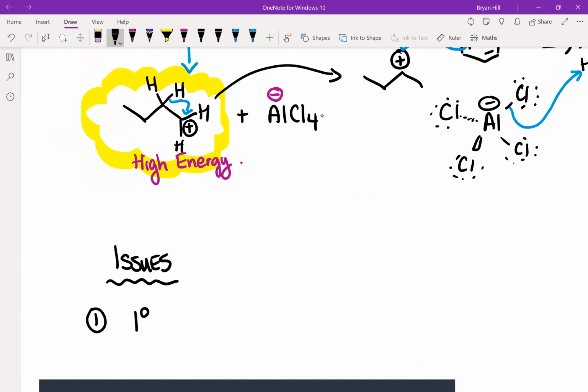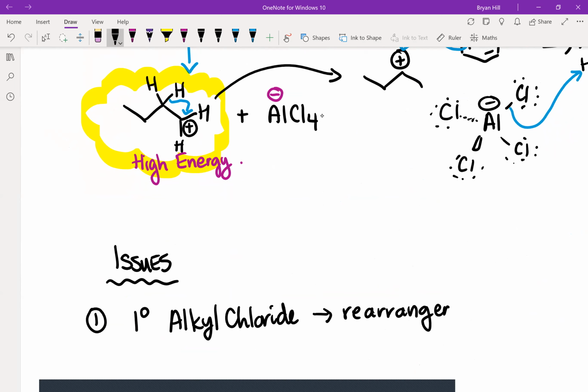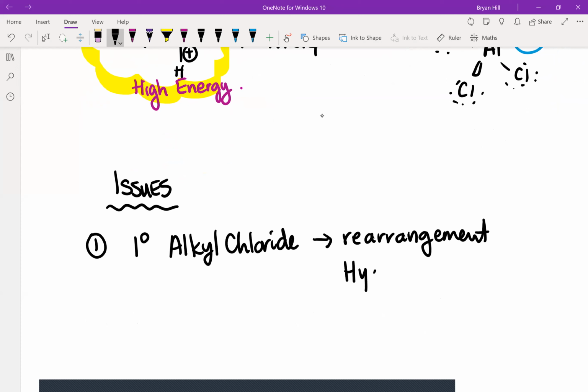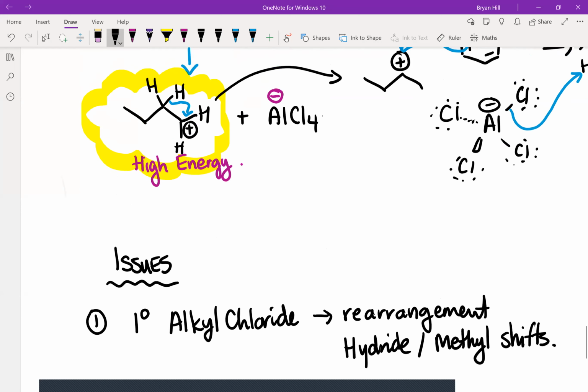Primary alkyl chlorides, you have rearrangements. So this would be hydride or even methyl shifts. We're going to see how that can be overcome.